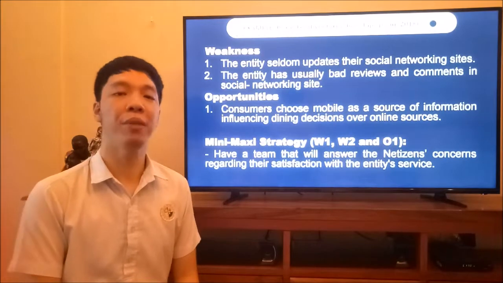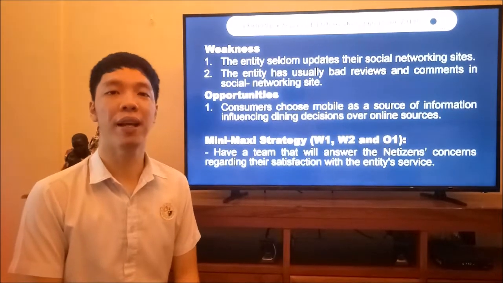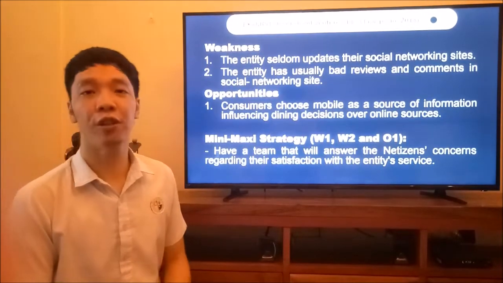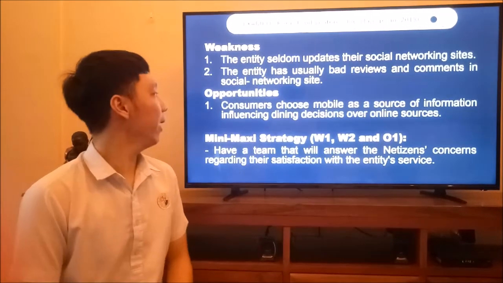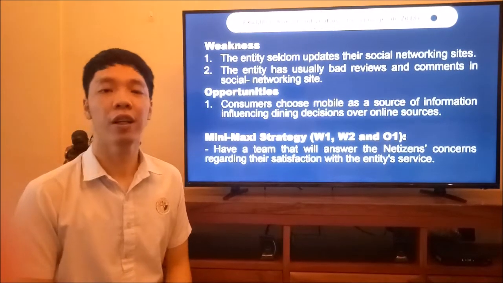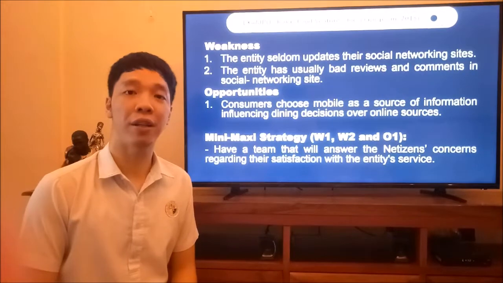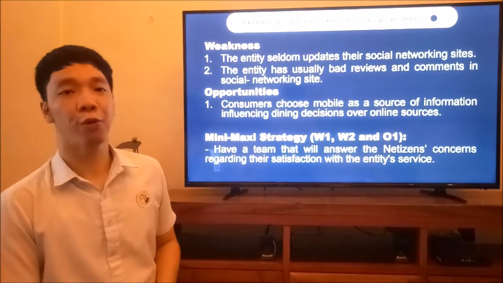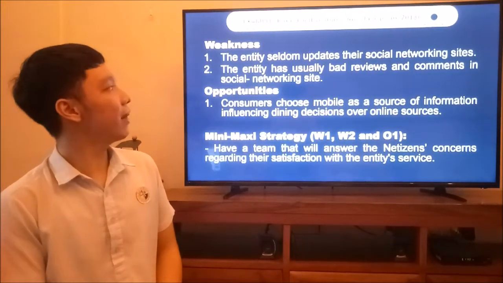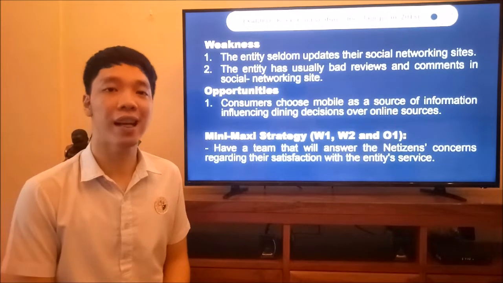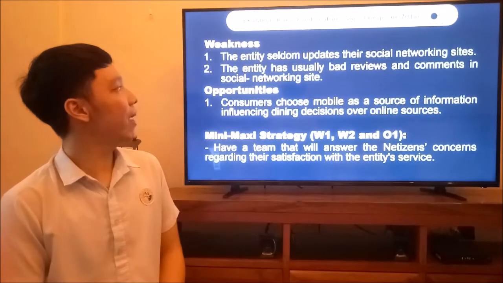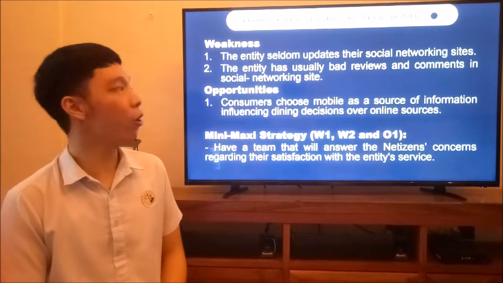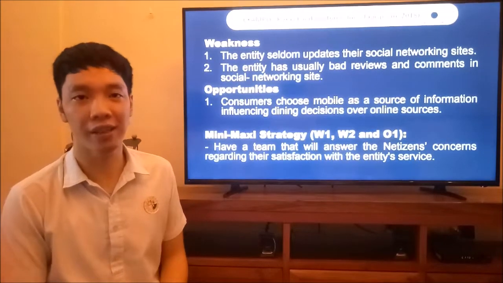Here's an example of a Mini-Maxi strategy from the same entity. We have two given weaknesses and one opportunity, and we do this in the same manner. For weakness number one, the entity seldom updates their social networking sites. Second, the entity has unusually bad reviews and comments on social networking sites.